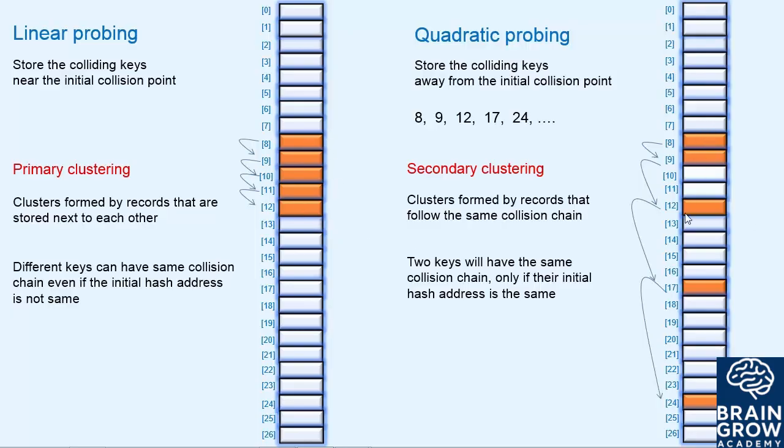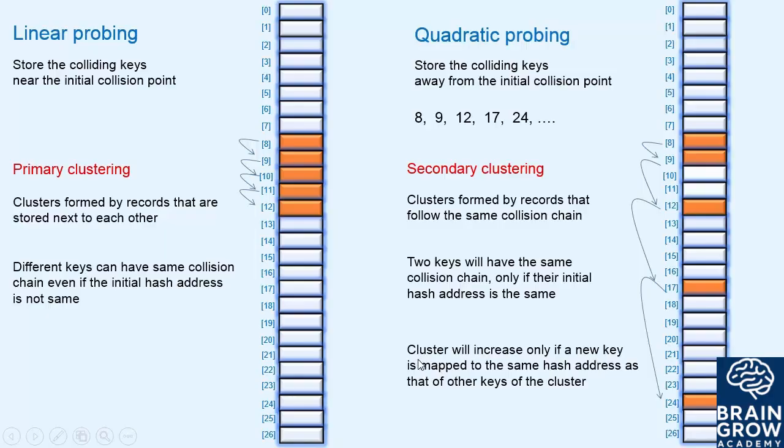And this cluster will increase in size only when a key is mapped to this initial hash address 8. So in secondary clustering, a cluster will increase only if a new key is mapped to the same hash address as that of the other keys of the cluster. Because here clusters are formed by keys that have same initial hash address.